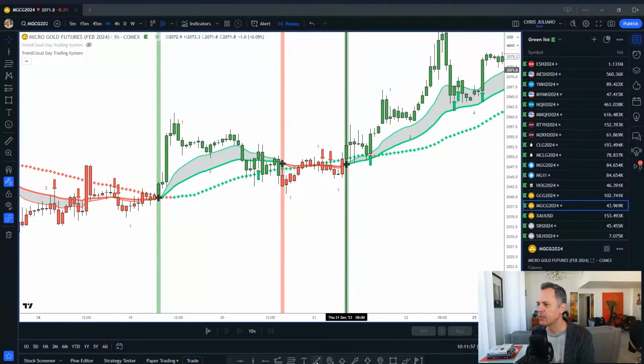Because the entry point on that signal is right there. So this signal didn't exactly fail, you just never got into it. Here's the signal. The next candle never got you into the trade, and it just went sideways. We didn't take this signal, right? This signal, short, right here, gets you in and immediately reverses.